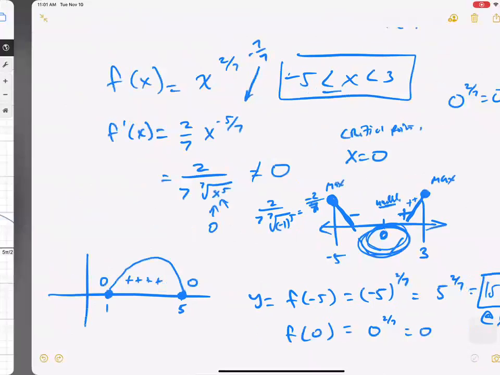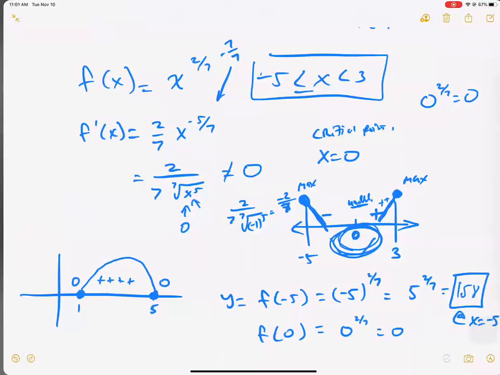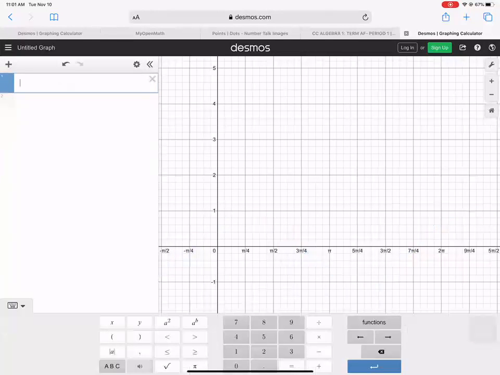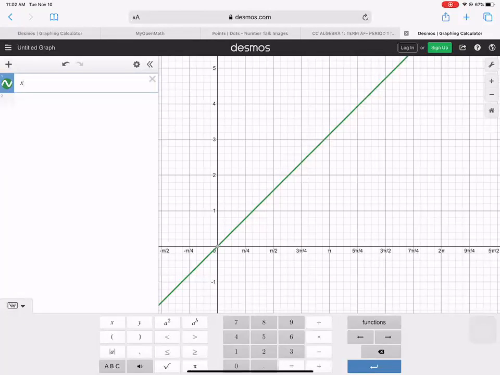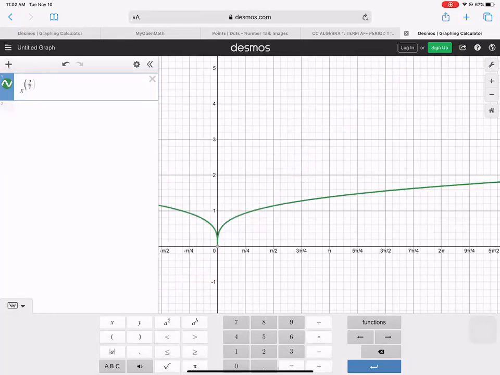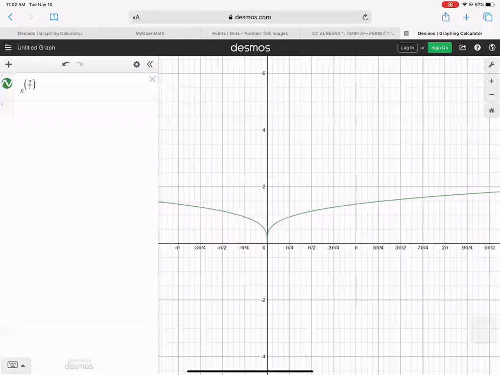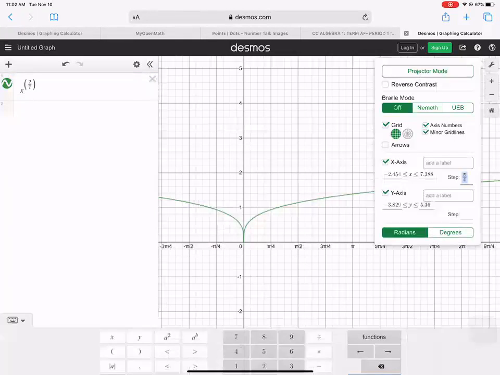Okay, let me go ahead and graph this. This was x to the exponent, parentheses 2 over 7. Okay, if you notice here, I don't really change our graphs to 1.